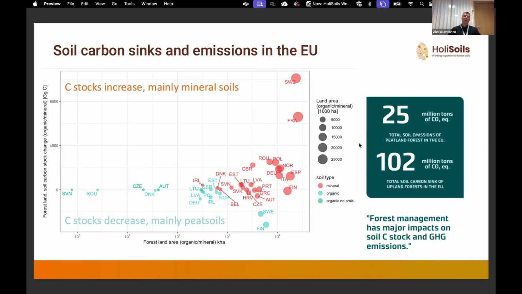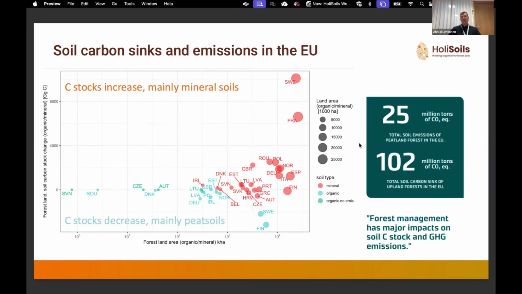When the methodologies improve, these values can change and have a high impact on the EU-level budget. As you can see on the right-hand side, we have approximately 25 million tons of CO2 emissions from peatland soils in the European Union, while the sink of upland soils is about 100 million tons. So when these numbers get more precise and methods change, they will very likely change.